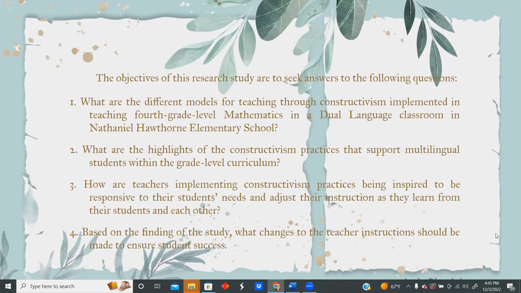Actually, ma'am, you can have a model in which you provide some intervention activities or any other instructional materials to be used by the teacher, so that they can teach the constructivism approach effectively, something like that. Okay, ma'am. Thank you so much.